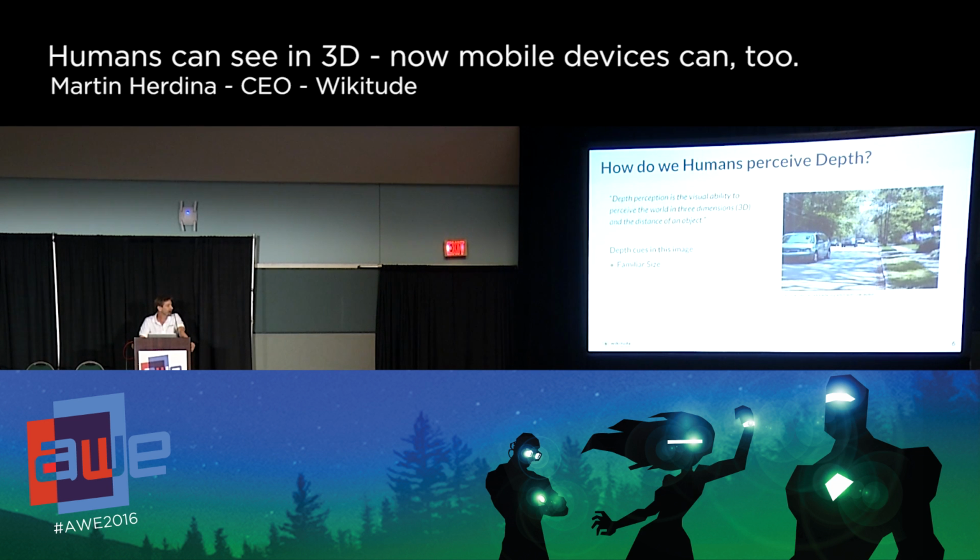On one hand, we look at familiar size. We realize that the car in front is larger than the one in the back, so it has to be closer. That is a very clear cue about depth, distance and perspective. I also mentioned relative size.